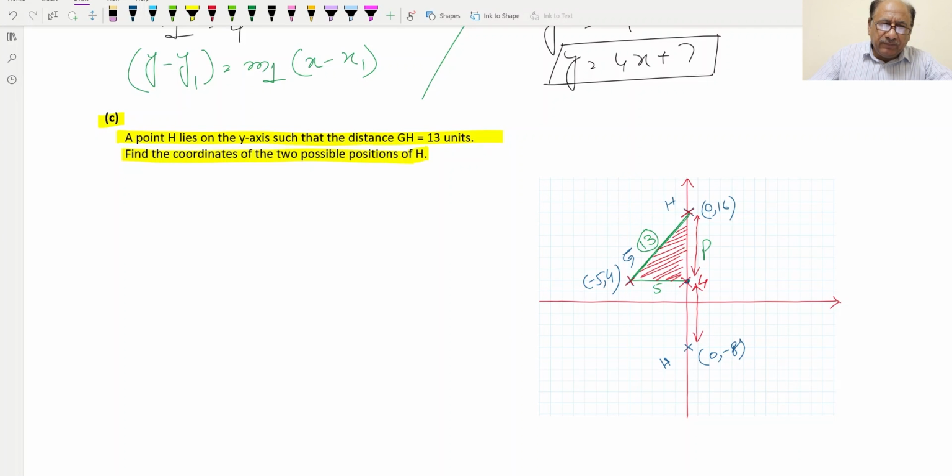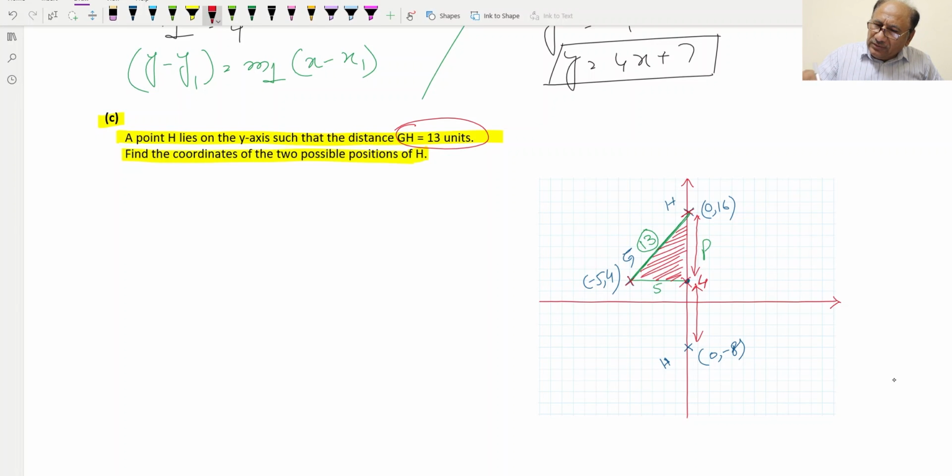We will discuss this, and the easiest way to solve is to check the points G and H. They are saying GH is 13 units. So point G I have drawn over here at (-5, 4), and point H at (0, 16) we have also drawn, and this GH is 13 units.